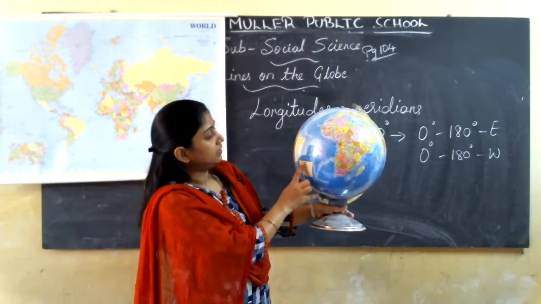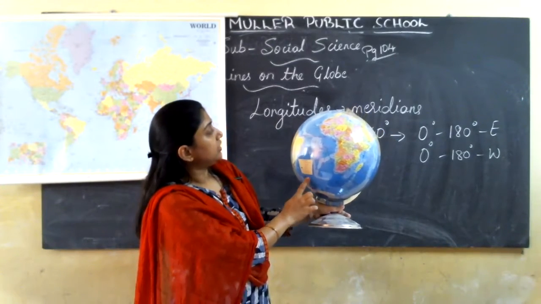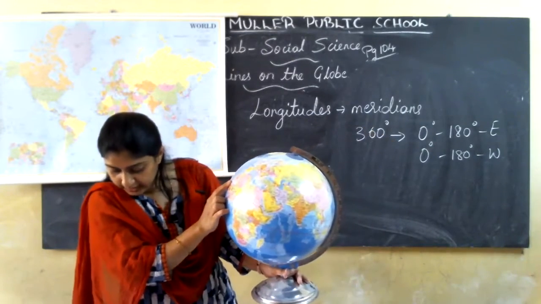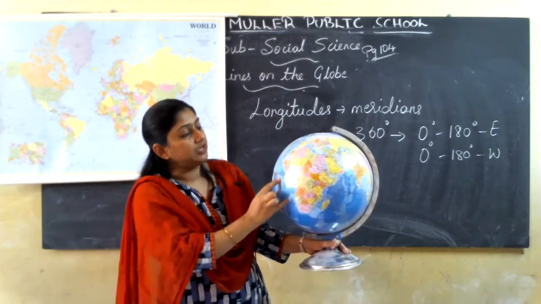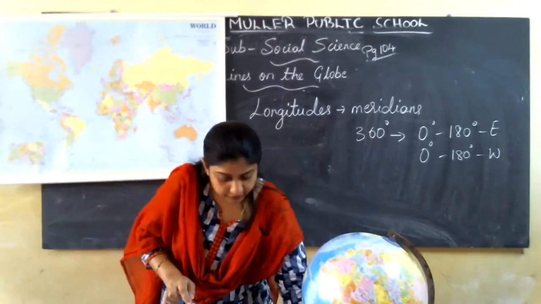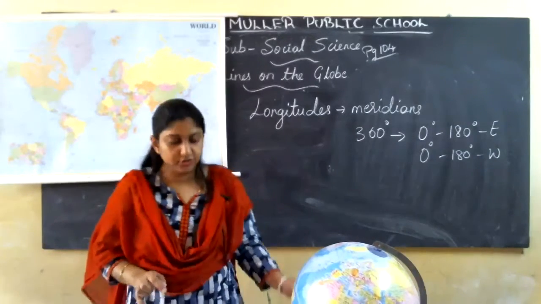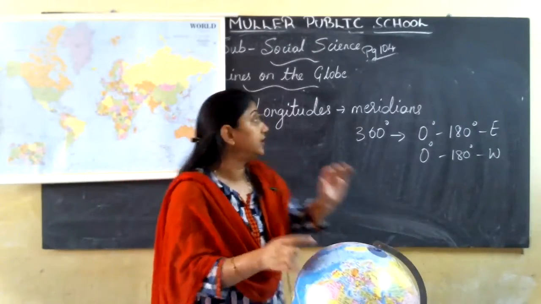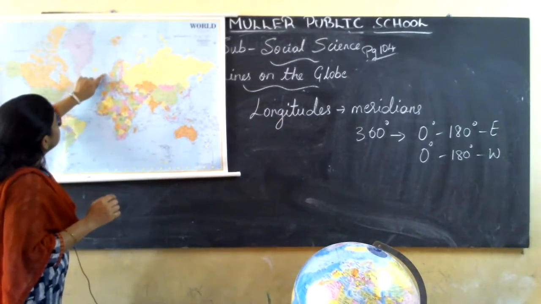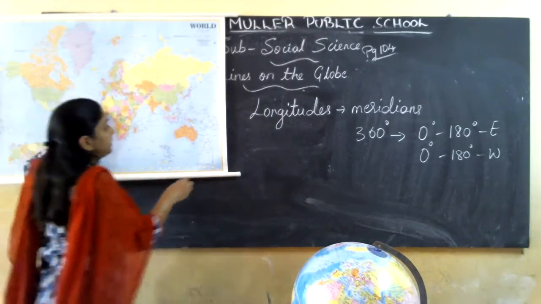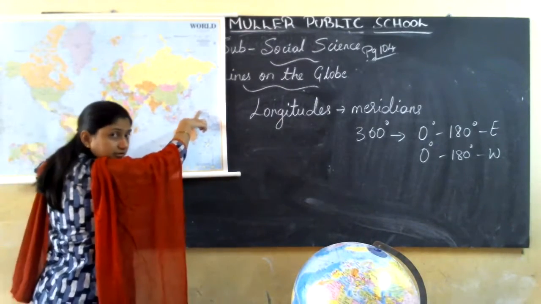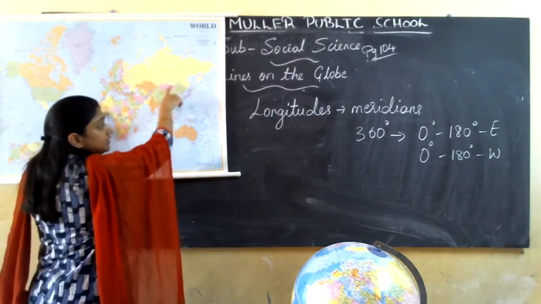So this is the 0-degree meridian. This is the 0-degree meridian that passes through the Royal Observatory, that is at Greenwich in London, near London. So this 0-degree meridian is considered as the prime meridian, like how the equator is the latitude that divides the earth into two halves.